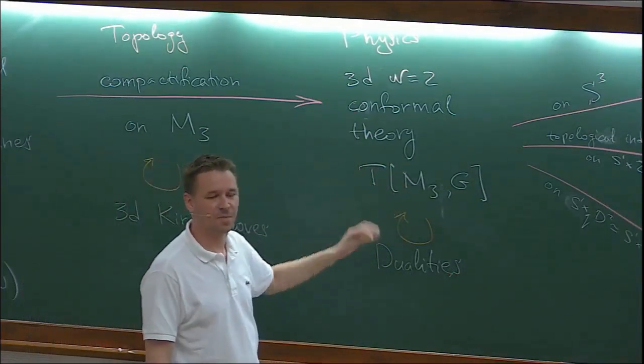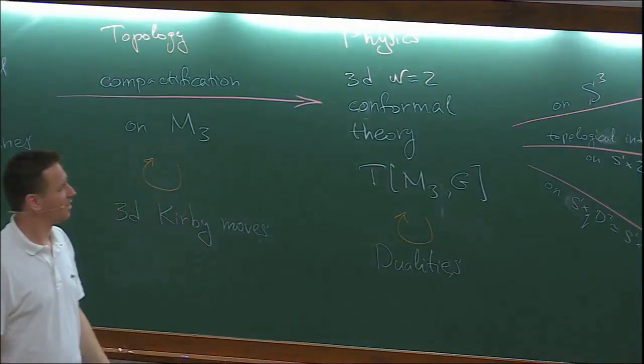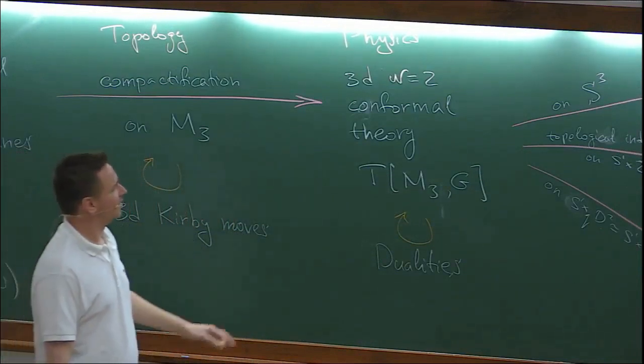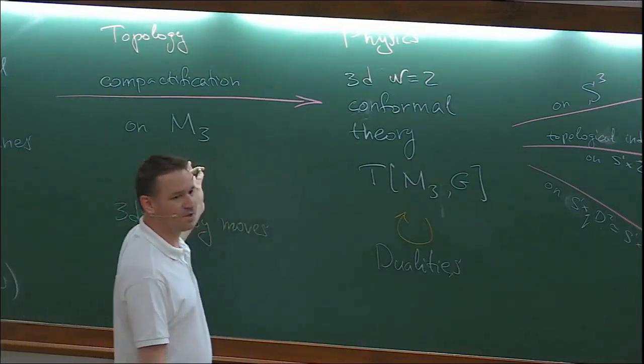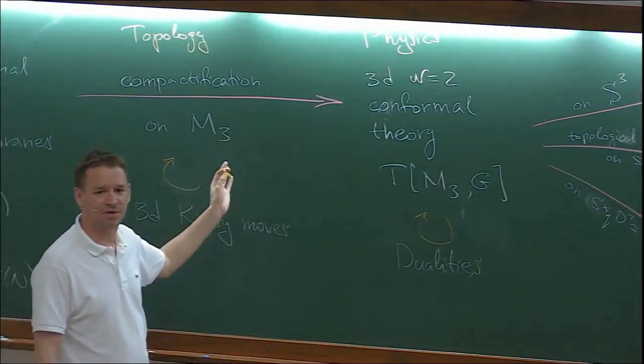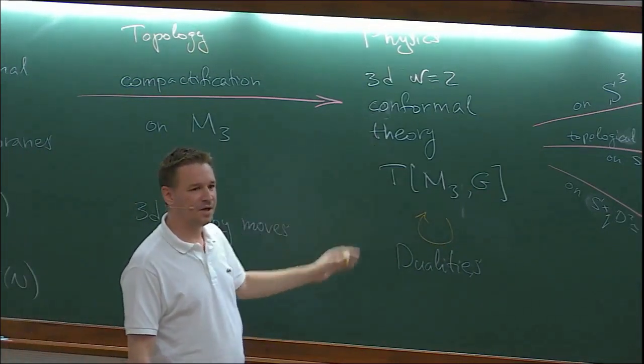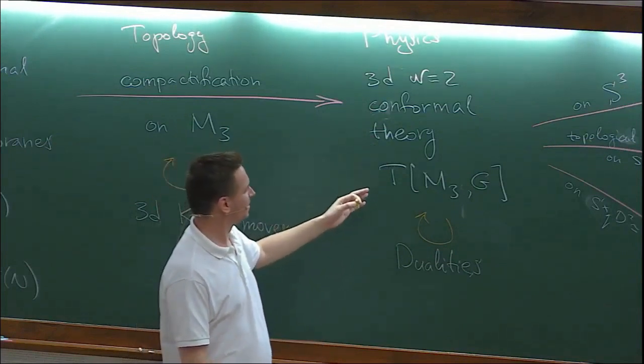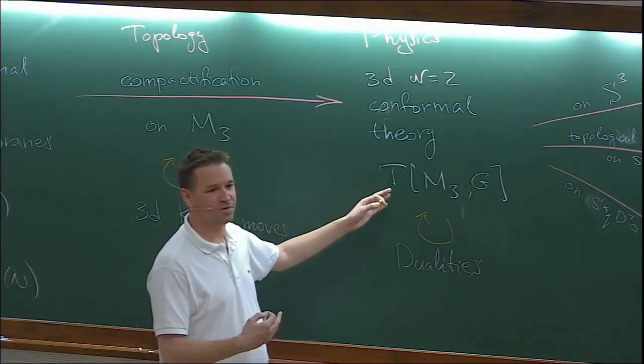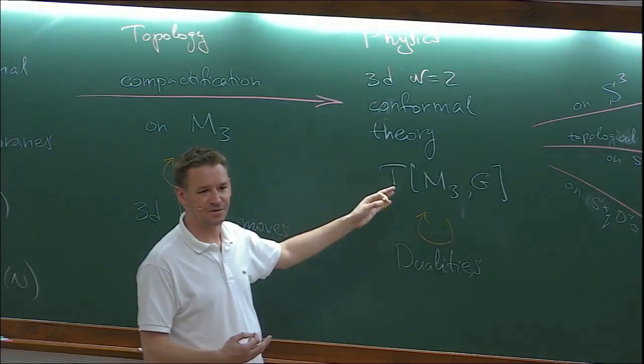this physical theory. One of the points that I mentioned last time is that this six-dimensional origin of the correspondence between three manifolds and physical three-dimensional theories is kind of cool, because it gives you a QFT-valued topological invariant of three manifolds.